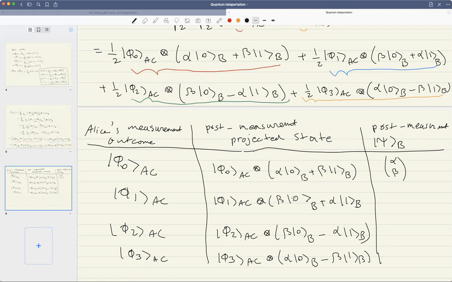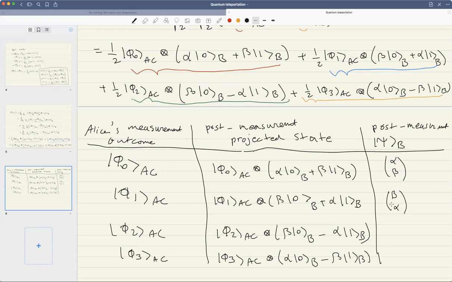So if Alice performs this measurement in the Bell basis and finds phi 0, then we're done. Then Bob has that state. Now, what happens in this case? Well, the state of Bob is not going to be alpha beta, it's going to be beta alpha.